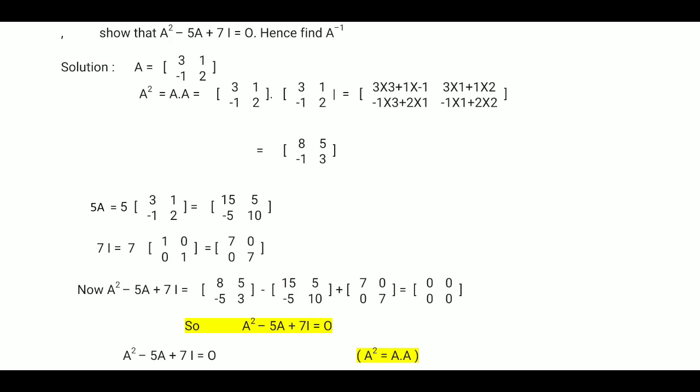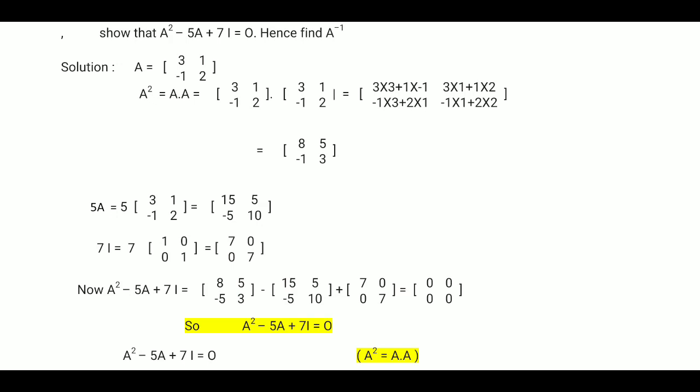Now the third term is 7 into I, 7 into the identity matrix of order 2, as matrix A is of order 2, so we will take the identity matrix of order 2, 1, 0, 0, 1. So multiplying by 7 we get 7, 0, 0, 7.